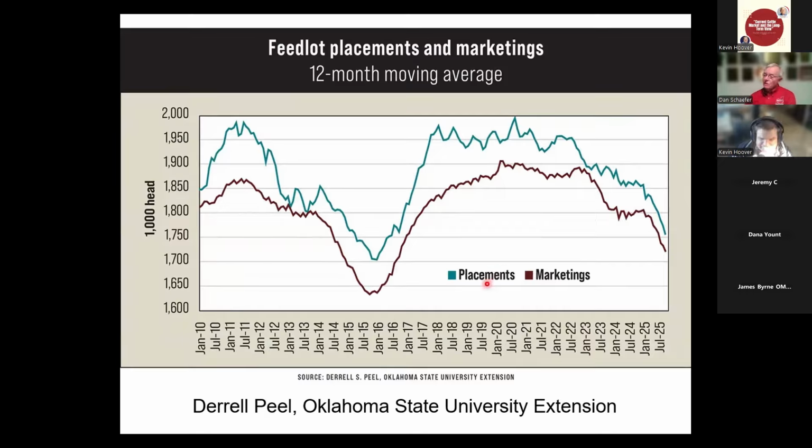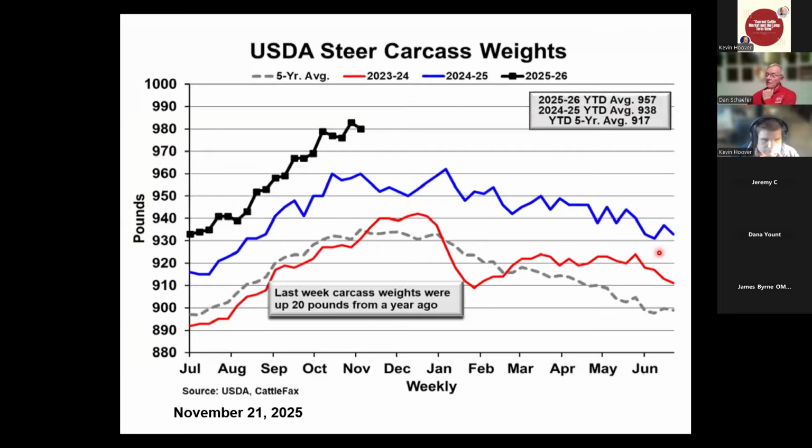And one can see that these placements and marketing numbers mirror the supply of cattle, the cow herd, with the last low in the cow herd being around 2014, and here the low in placements and marketings in about 2016, and then rising in recent years, and in current years now declining placements and declining marketings. Again, the supply of cattle is low.